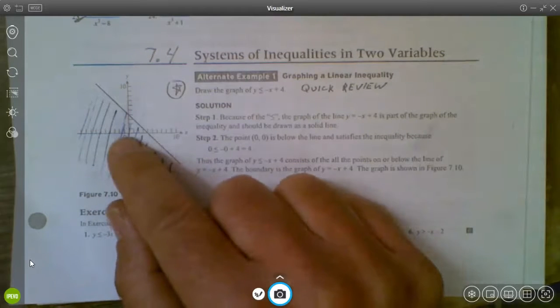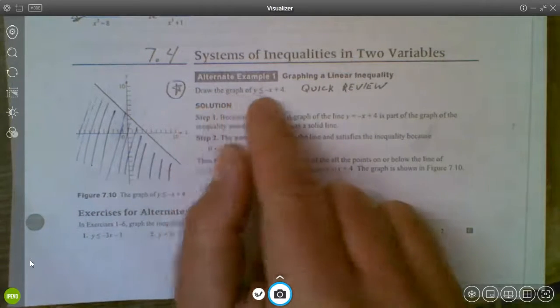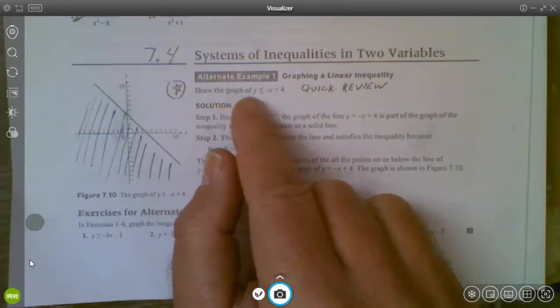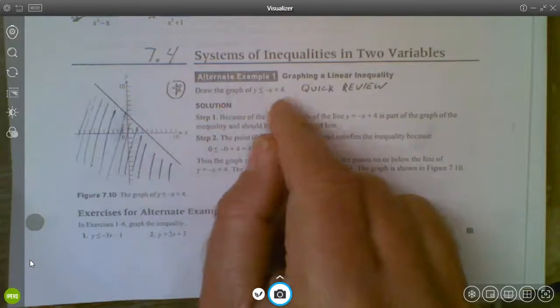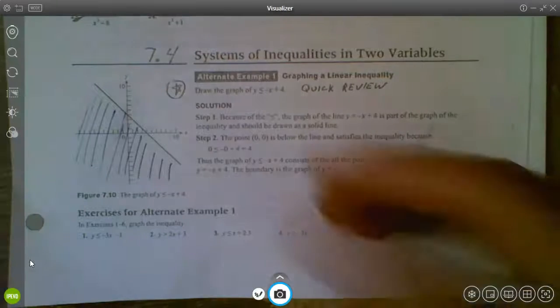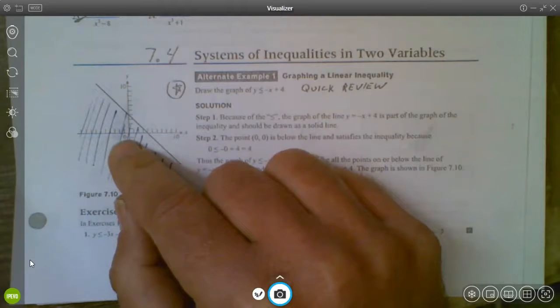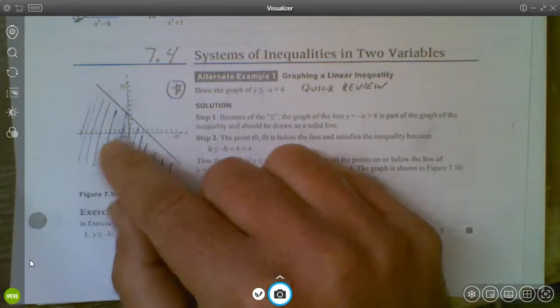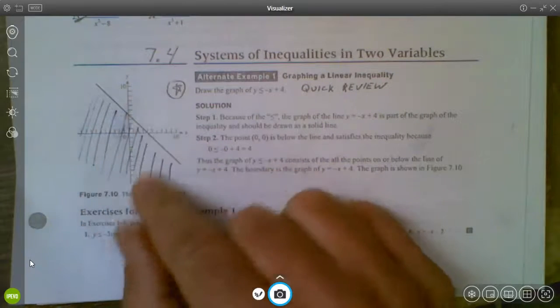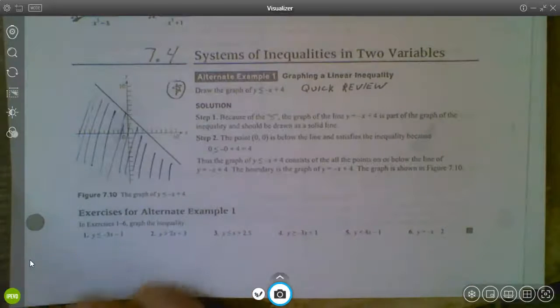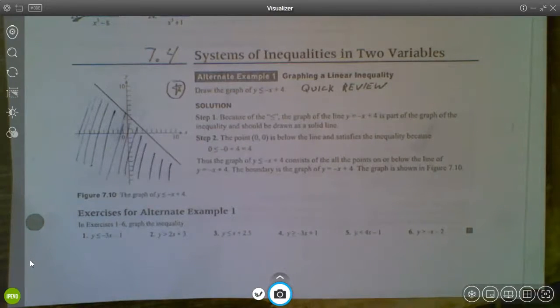So if I pick the point (0, 0) and plug it in for x and y, 0 is less than or equal to 4, so it's a true statement. So therefore, I know (0, 0) should be in my solution set, and I want to make sure it's in my shaded area. That's just another way of looking at it. There will be a need for that on a future graph, but let me move on to our next step here.